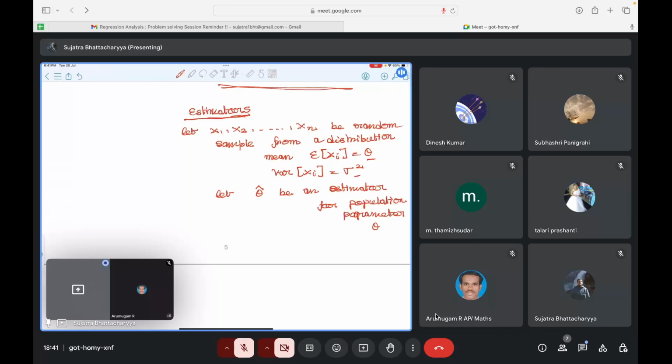But what we're now looking for is to estimate through the sample. So we define: if the expectation value of theta cap is equal to theta, then this theta cap is an unbiased estimate. I will give you an example that will make it clear. If E of theta cap is not equal to theta, then theta cap is a biased estimate.